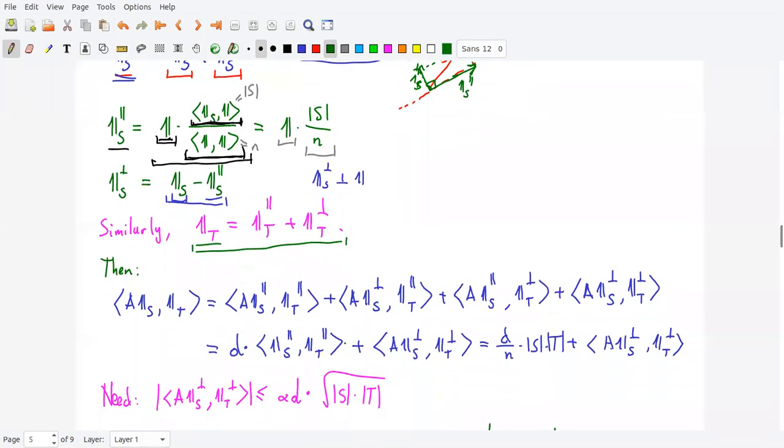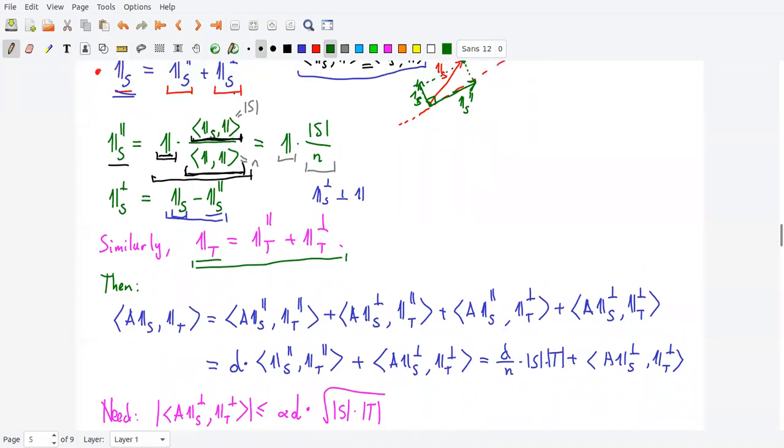Good. So now comes the calculation. Okay, so we now want to estimate how many edges there are between S and T, and we have already argued that we can write it down as this algebraic expression. Yeah, so 1 on S cross product 1 on T, but to one of those two I apply A. Yeah. So now each of those two guys, 1 on S and 1 on T, I have written as a sum of two vectors. Yes.